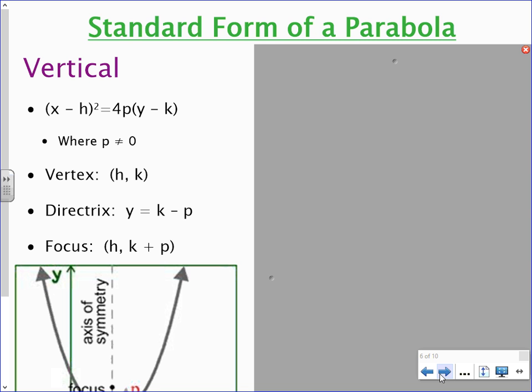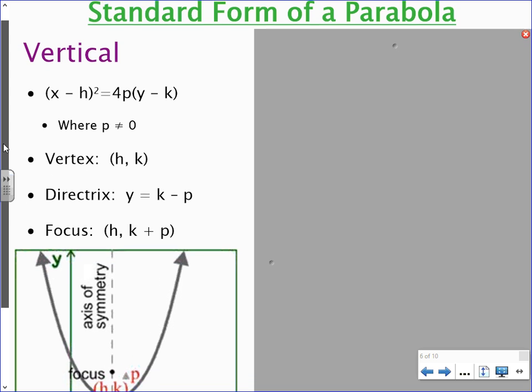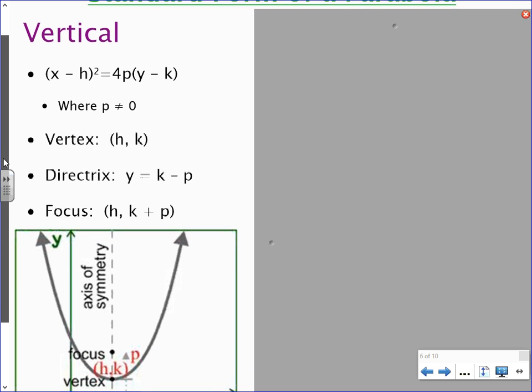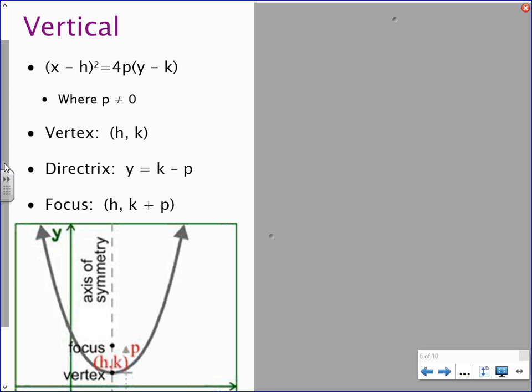So we're going to go through the standard form of a parabola. First, for a vertical parabola, which means it opens up or down, and then for a horizontal parabola, which means it opens left or right. A vertical parabola is what we are used to. We are used to seeing x squared and not y squared.